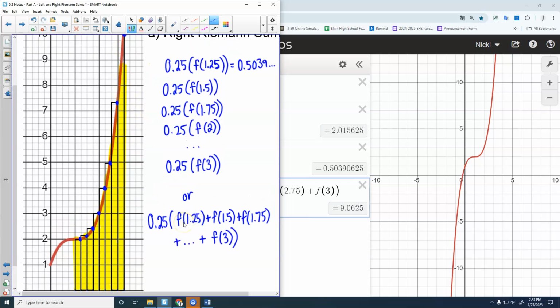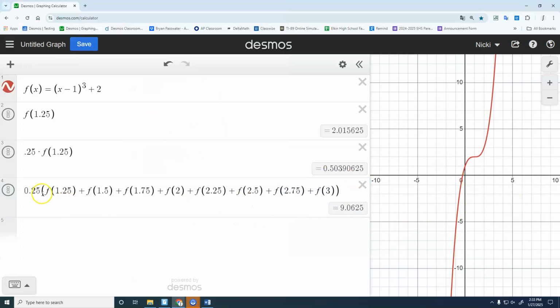So we don't use 1, but then we use 1.25, 1.5, 1.75, 2, 2.25, and so on. And you can see we've got 1, 2, 3, 4, 5, 6, 7, 8. You should have the same number as you have intervals. And if it doesn't match, especially what kids do a lot of times, they have 1 too many.